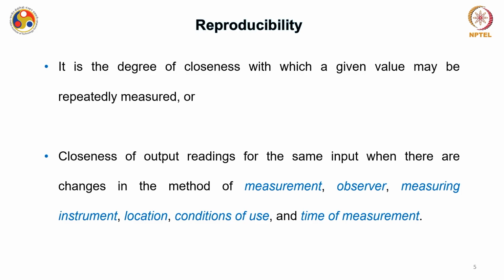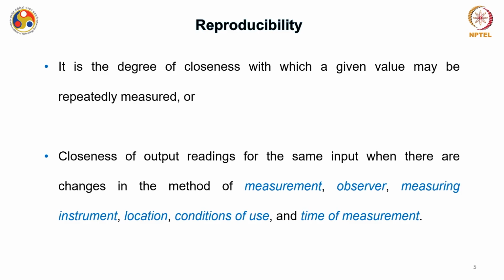The next static characteristic of an instrument is reproducibility. It is the degree of closeness with which a given value may be repeatedly measured, or the closeness of the output reading for the same input when there are changes in the method of measurement, the observer, the measuring instrument itself, the location of measurement, the condition of use, and the time of measurement.